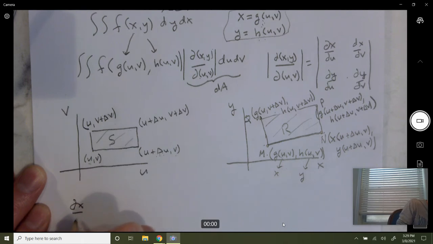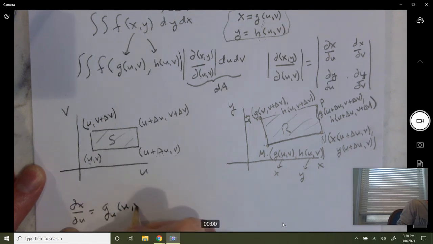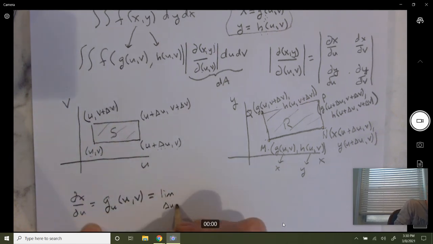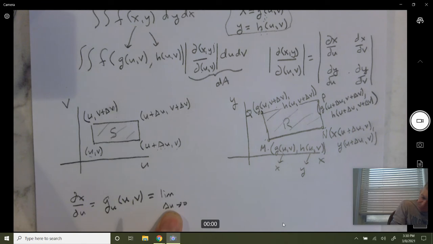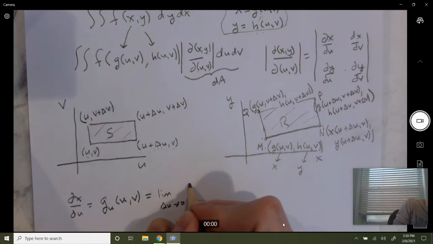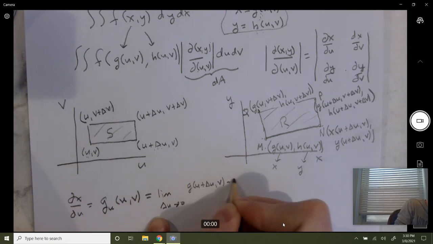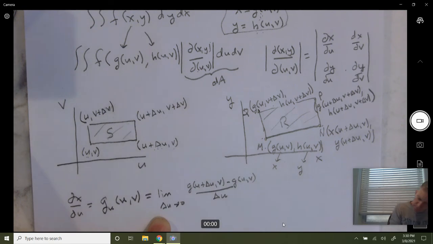The dx du. Remember, x is your g function, so you can think of this as g_u of (u, v). And remember what the definition of a derivative is: it's the limit as delta u, taking the derivative with respect to u, goes to 0 of g of (u plus delta u, comma, v) minus g of (u, v), over delta u.